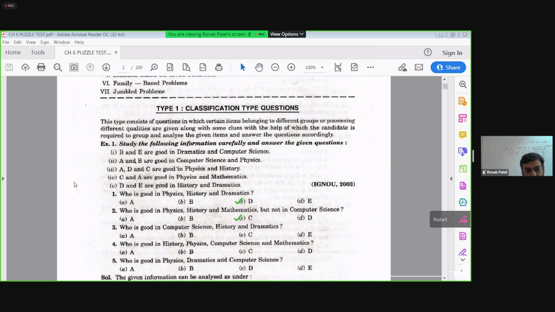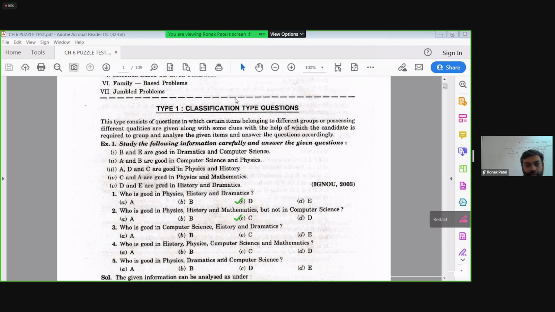Okay. So next one: who is good in computer science, history, and dramatics? I think second is also D.